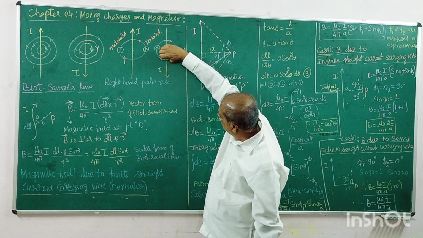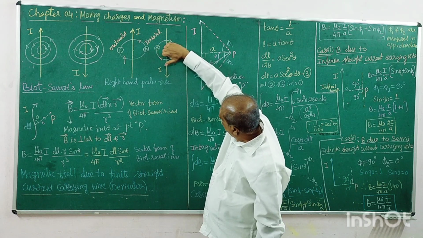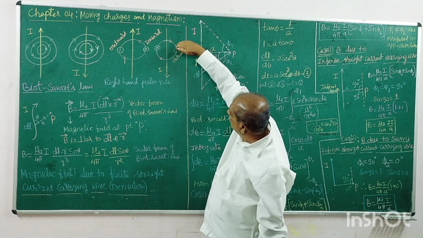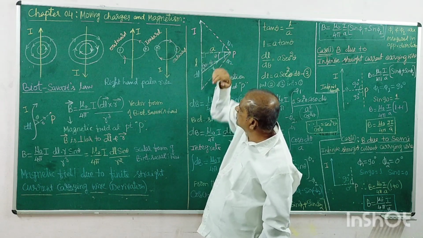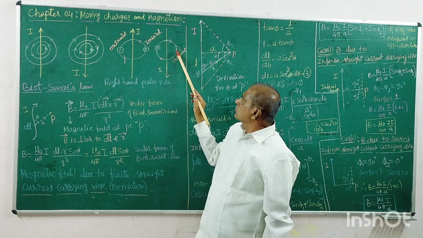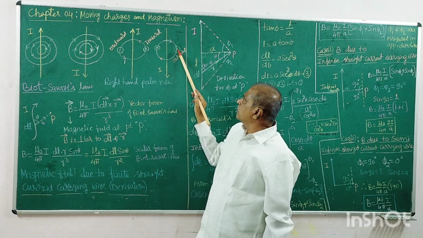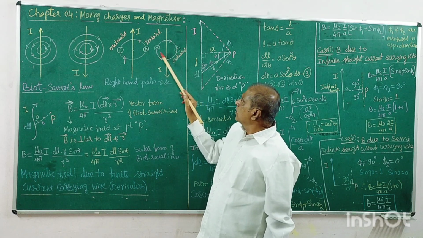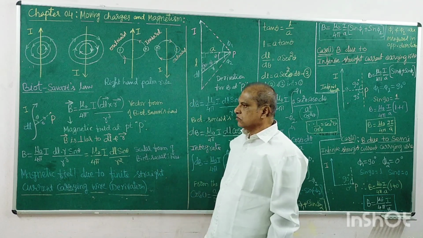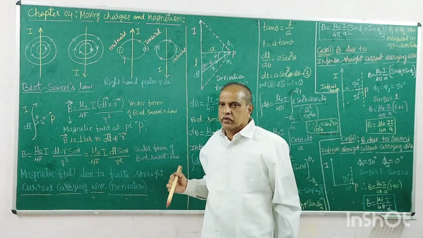Encircle the conductor and move the fingers like this till the point is reached, and the fingers finally show the outward direction. This point is outward, that is, the magnetic field is perpendicular and outward, and perpendicular inward on the other side, if the direction of the current is this. This you need to understand, very important.